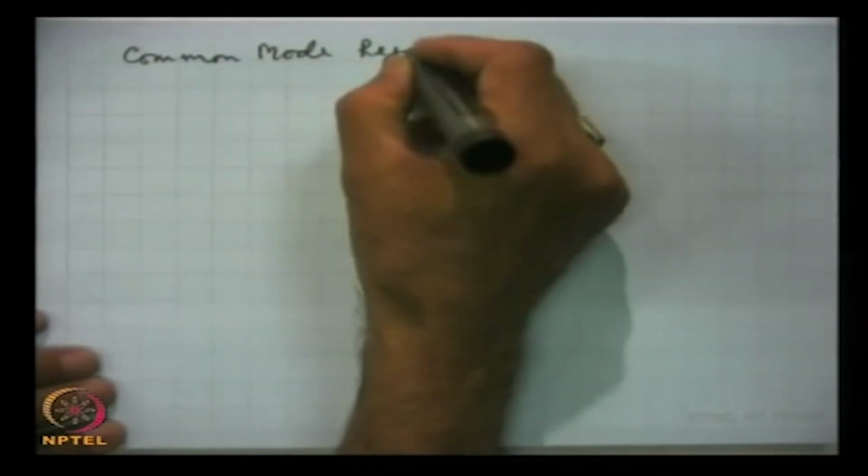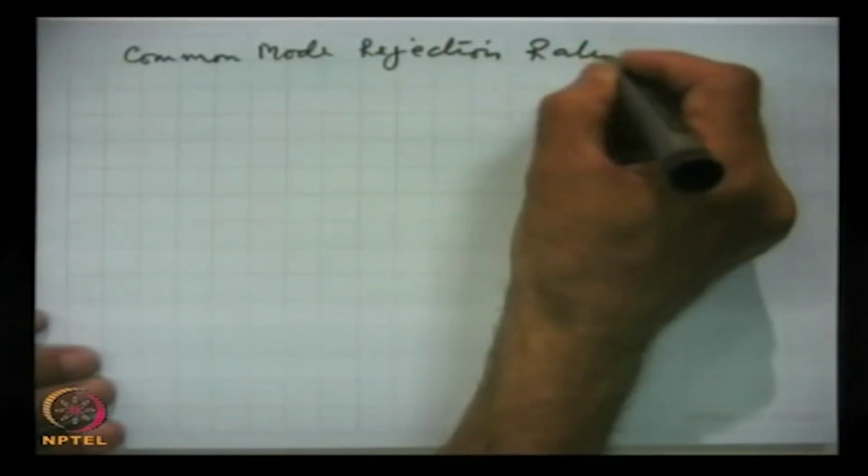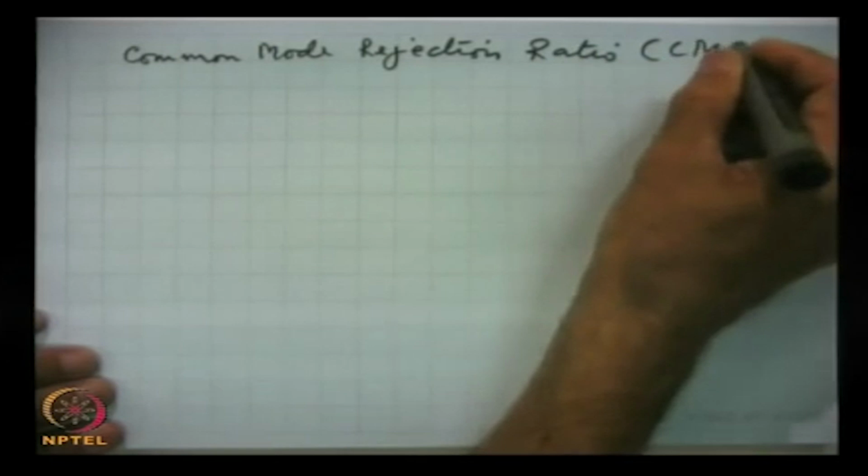Now, we take very important characteristics for operational amplifiers. 2 characteristics are quite important. One was the common mode rejection ratio, CMRR.